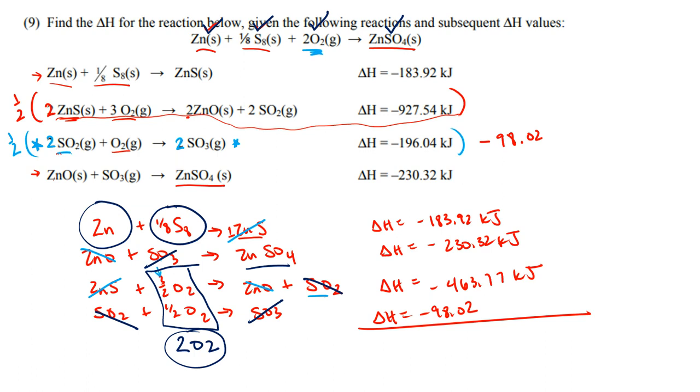Negative 230.32. Negative 463.77. Negative 98.02. Grand total of negative, holy schmoly, this is a lot of energy, 976.03 kilojoules.